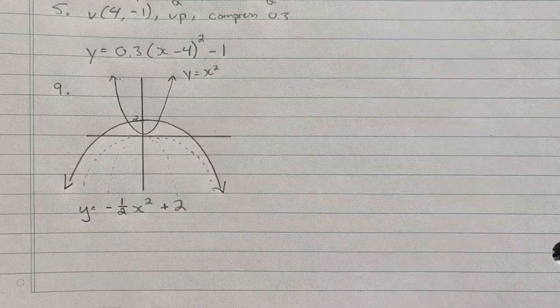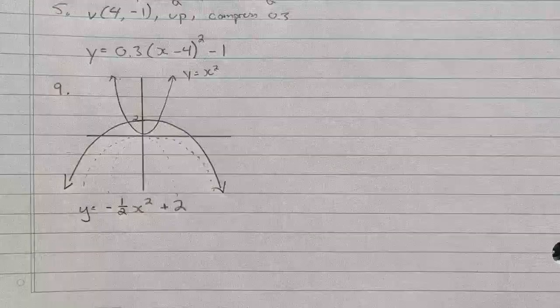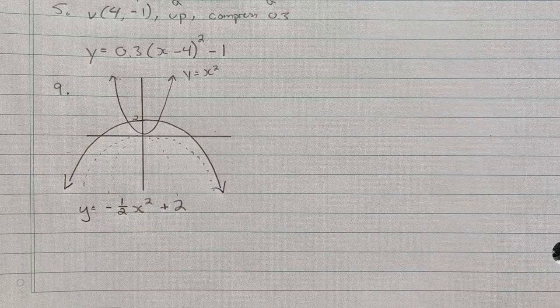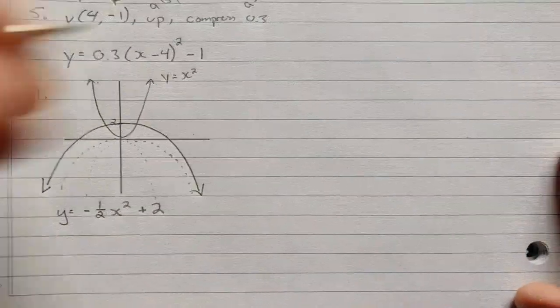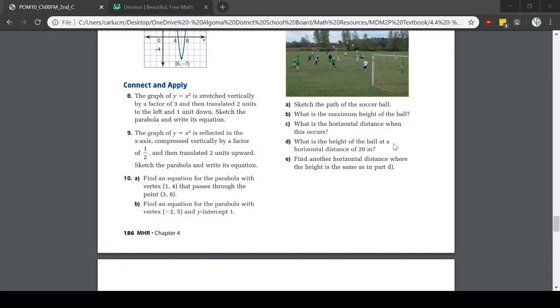What else do we have? And then we could try number 10 here as well. I had 10b, which says find the equation of the parabola with the vertex (-2, 5) and a y-intercept of 1.